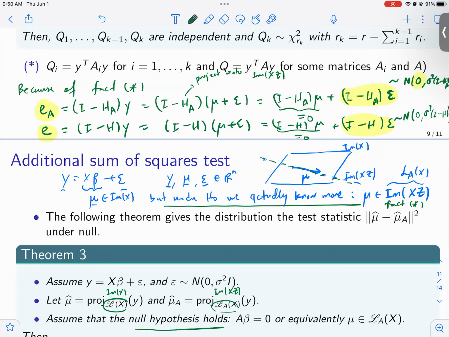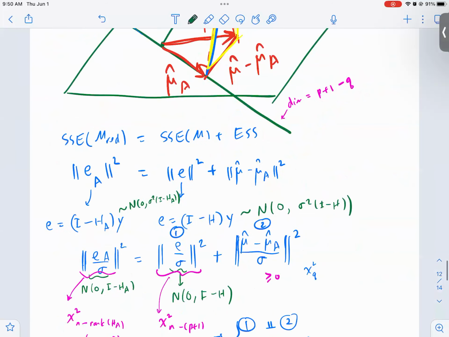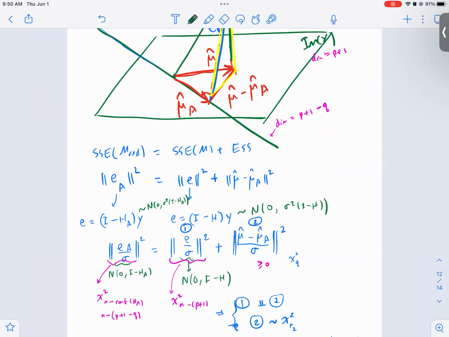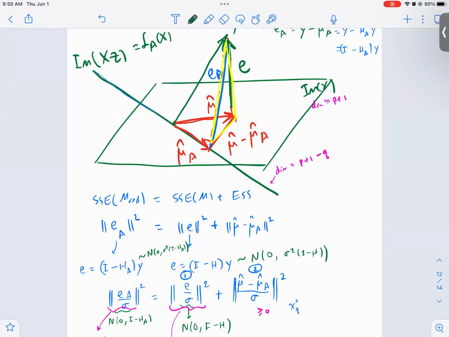Sounds good? So if that's true, then we get to this picture that we had last time, and I'm not going to go over all the details. It's just one identity, that yellow triangle, which basically gives you the Pythagorean theorem, which we actually use a lot in calculating the F-test.